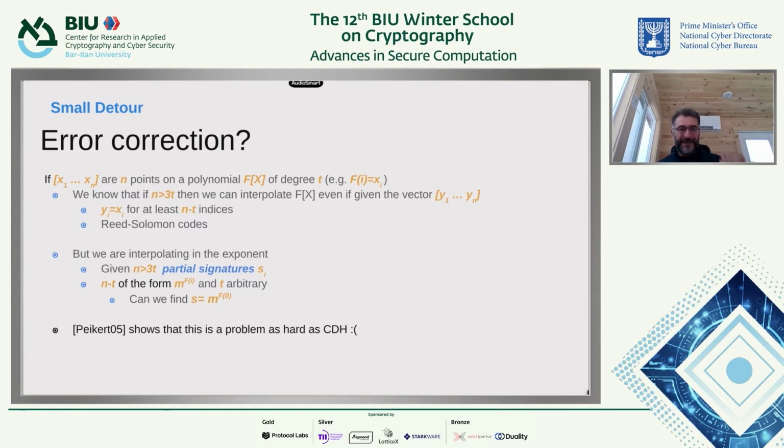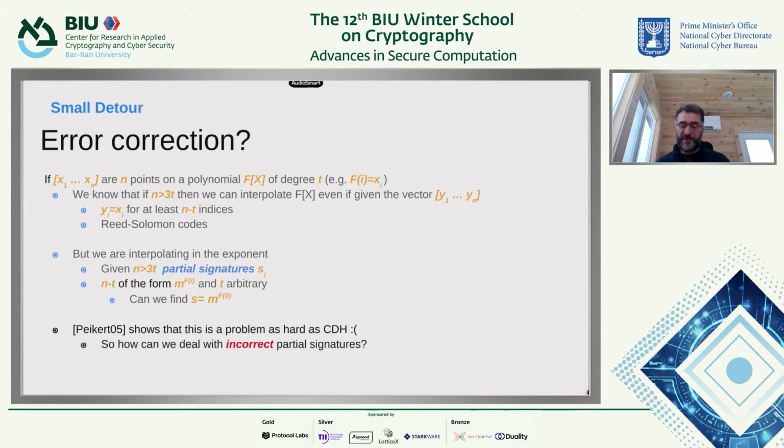And unfortunately, it doesn't. Later, Piker showed that this is as hard a problem as computing the Feldman values. So there is no hope to use the error correction of Reed-Solomon codes, Shamir's secret sharing, to identify the incorrect partial signatures and throw them out.